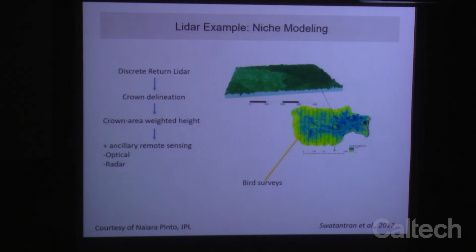We can pull that in, and some examples of how this has been used in the realm of niche modeling, looking at delineating tree crowns and various crown area weighted height metrics, tying it in with other remote sensing data sources from optical and radar and ground surveys of bird occurrence, and then come up with some habitat maps.